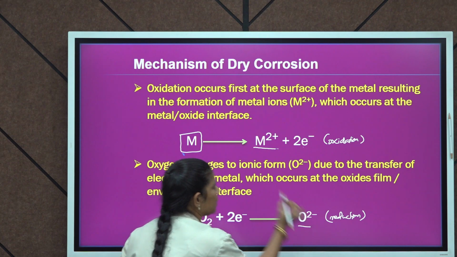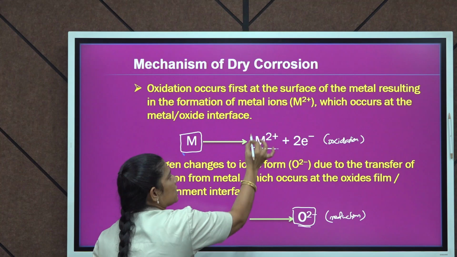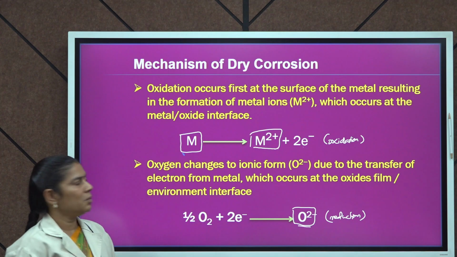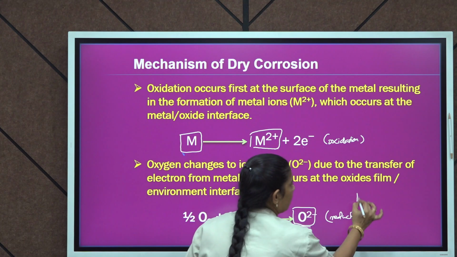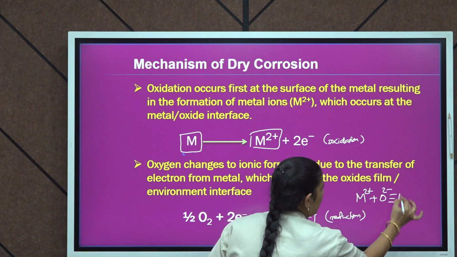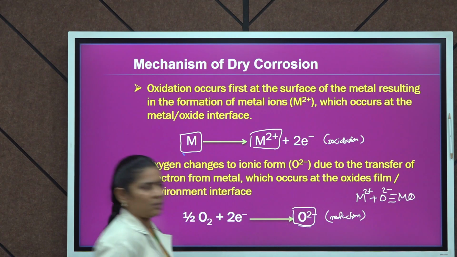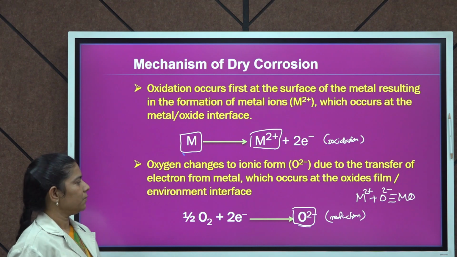As a result, the oxygen ions and the metal ions combine together to form MO, metal oxide. So this is the basic mechanism of dry corrosion.